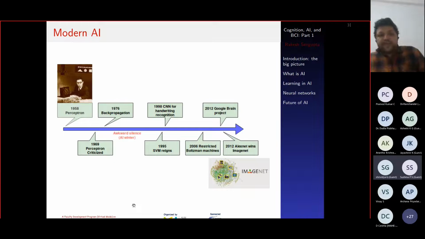And modern AI has come so far, but the roots of it lie in one of the first artificial neurons that was built, that is the perceptron, way back towards the left.